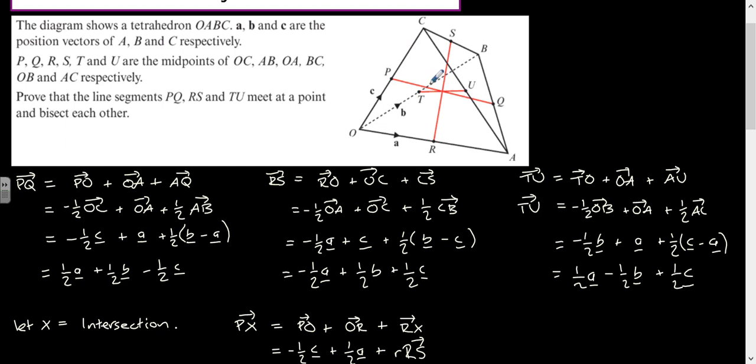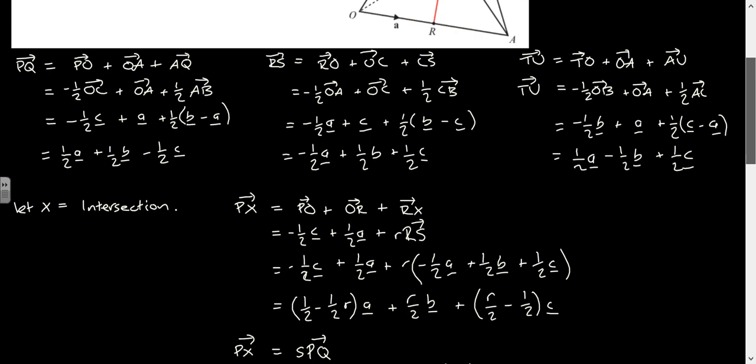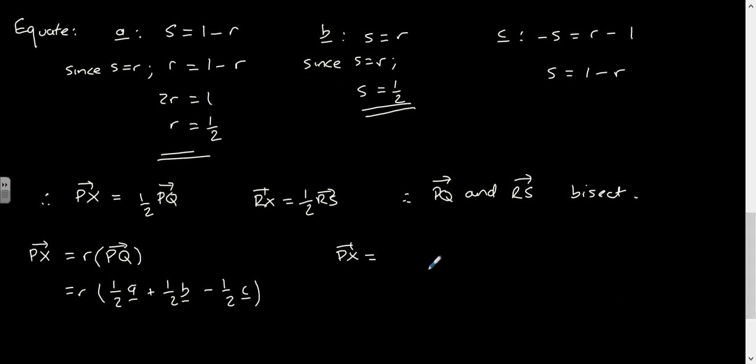So if we think about it, from P to T, we need to go minus a half C plus a half B, plus some distance along TU, which I'll indicate by this fraction t right here.